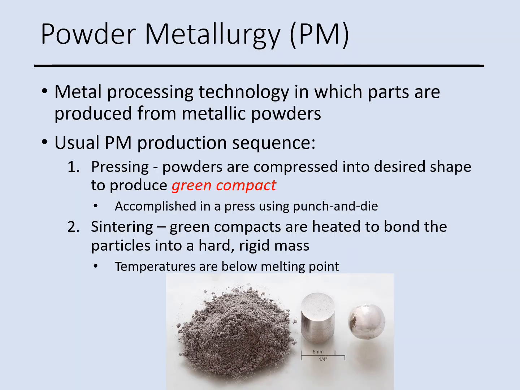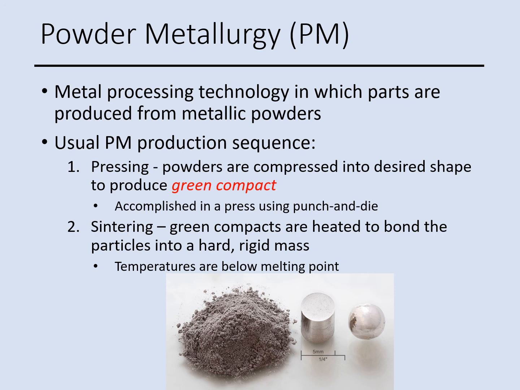Powder metallurgy, which is called PM for short, is a metal processing technology where we can produce parts from metallic powder. This process has two steps. One step is pressing the powder, compressing it into the desired shape, and the result of the first step is called a green compact.